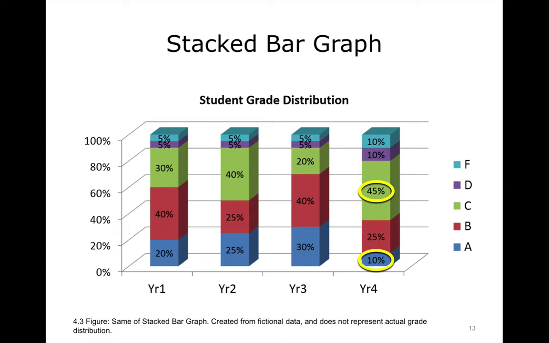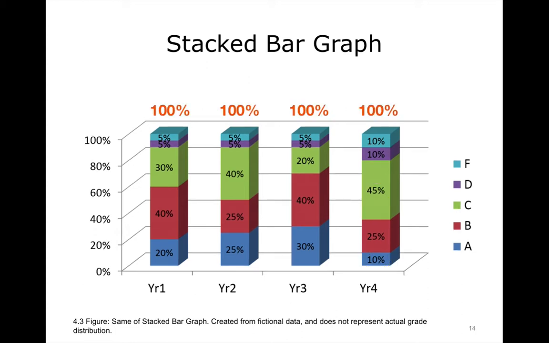And then, all of a sudden, in year 4, you had an immediate and really telling decrease. And you don't know why, and your C's really increased. So, stacked bar graphs are nice if you can categorize your data, and each one can equal 100%. So this is 100% of the students.